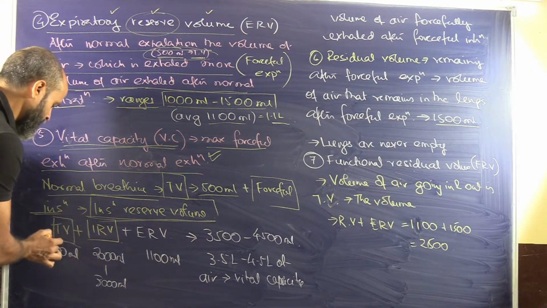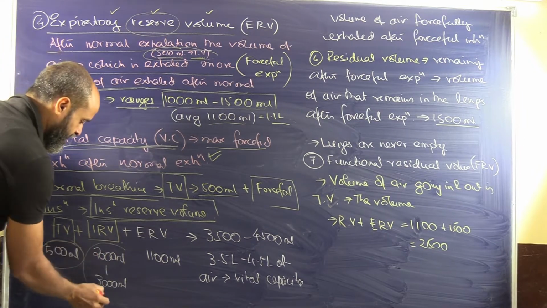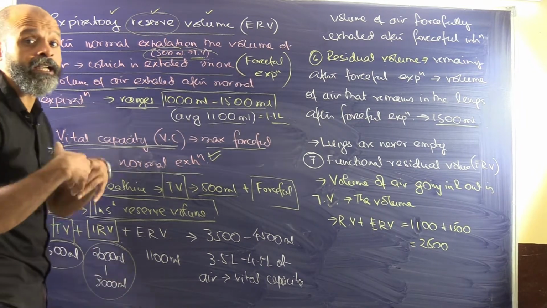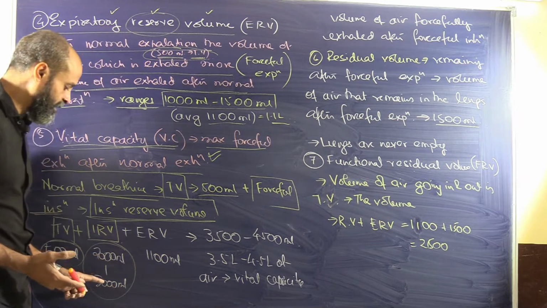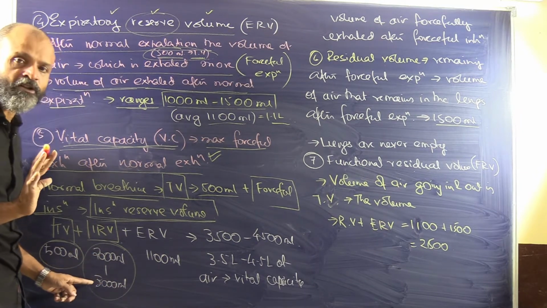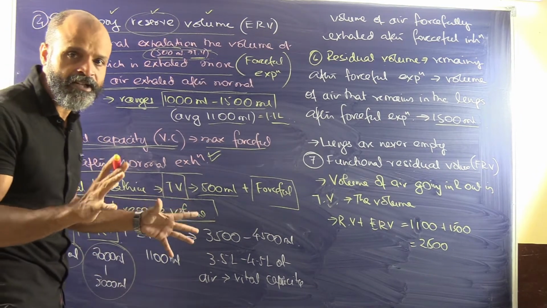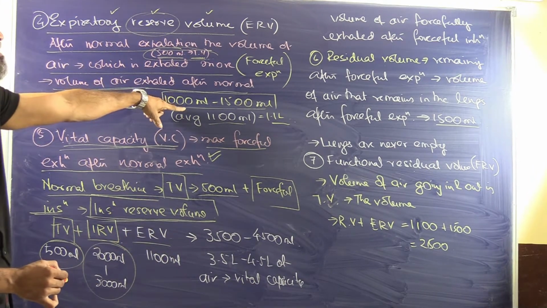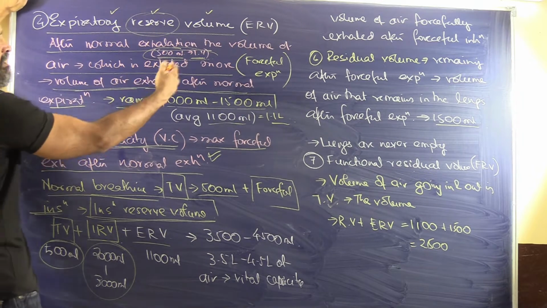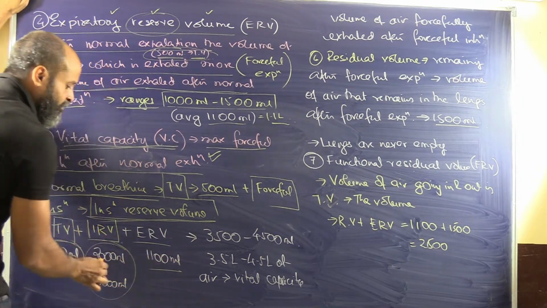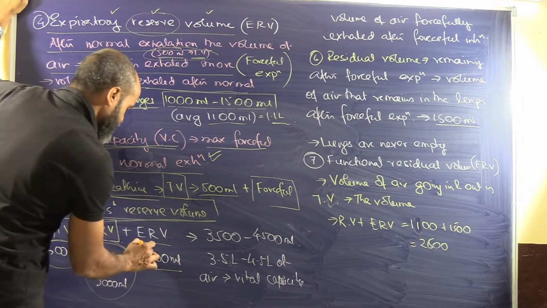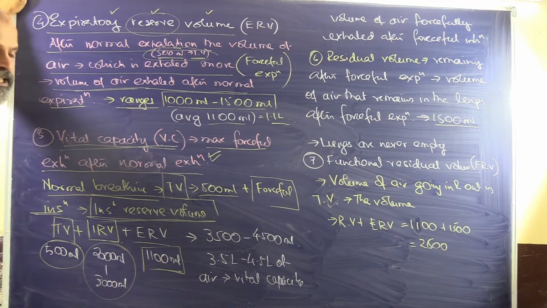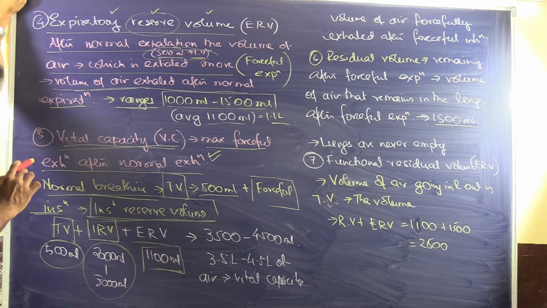So in this case we have the tidal volume, and if we are taking in more air, that air could be anywhere between 2000 to 3000, that's the capacity of the lungs to accommodate. And the expiratory reserve volume, we have just learned, is the amount of air that we can forcefully expire, 1100 milliliters. So this is the vital capacity.